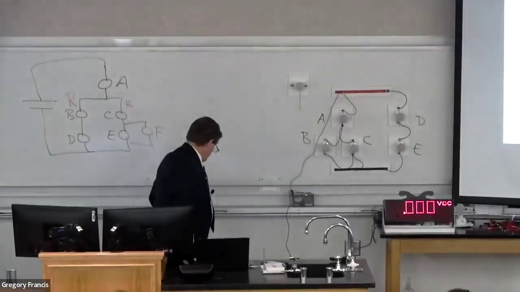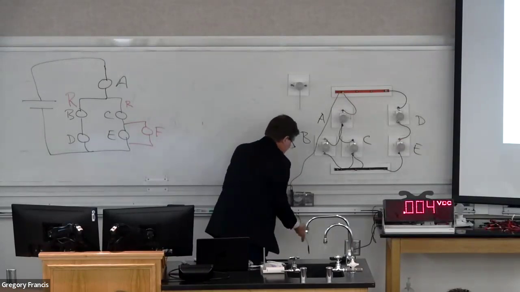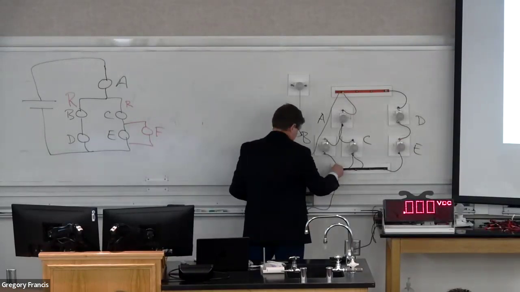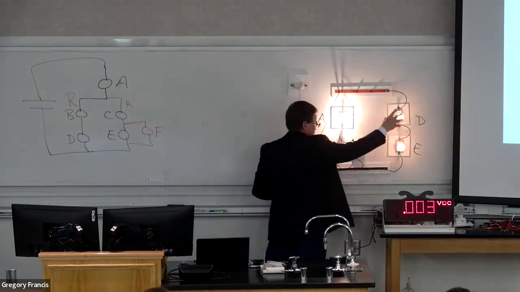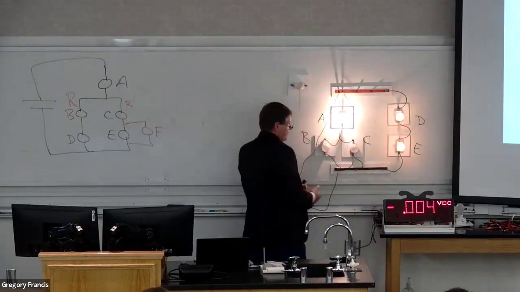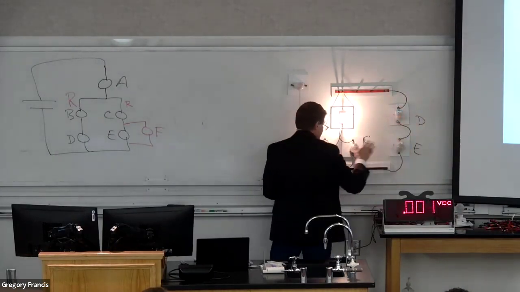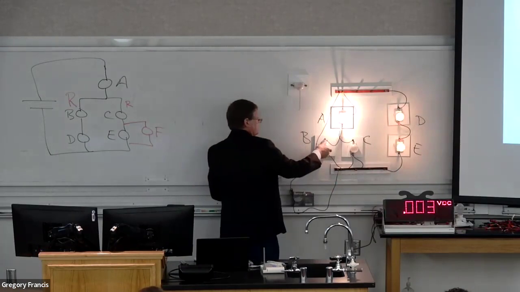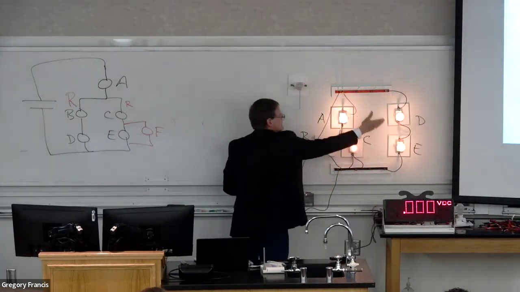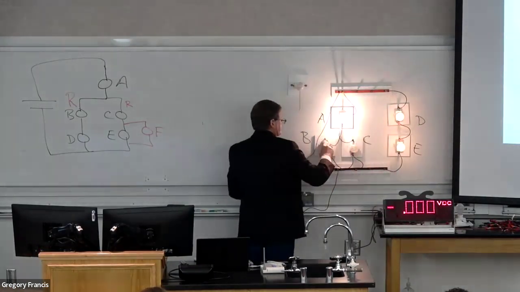And again, we found that this branch on the left was independent of that branch over there. We could make any change we wanted over here. It didn't affect anything over here. Again, we could make any change over here and it doesn't affect anything over there.